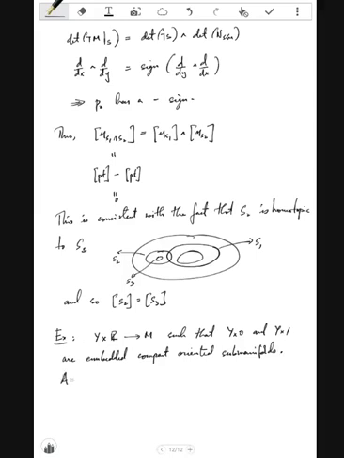Also assume M is oriented. Then the class of Y cross 0 is equal to the class of Y cross 1.